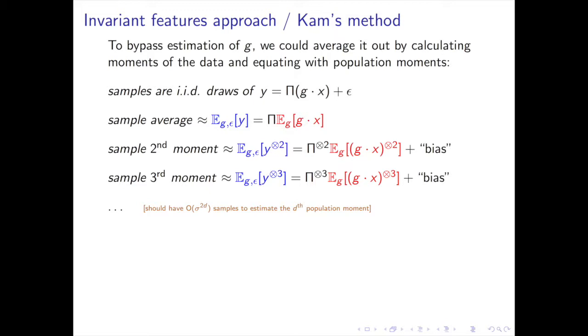Okay. So epsilon averages to 0. Pi, since it's linear, you can pull out of the expectation over G, and so you get that expression. Pi of expectation over G of G acting on X. So it's an average over the orbit. This is what the first moment tells you.